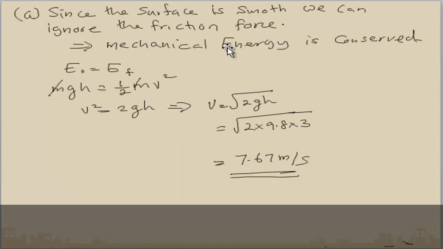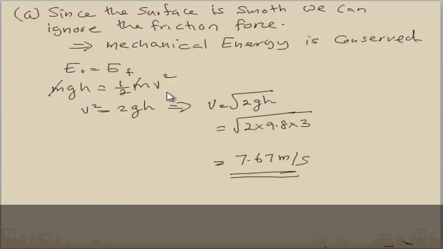To answer the first question, it's a smooth surface. There are no non-conservative forces, like no friction forces. So we can use the conservation of mechanical energy, or E initial is equal to E final. Initially, the block is at rest, so the only energy it has is mgh, which is the potential energy.